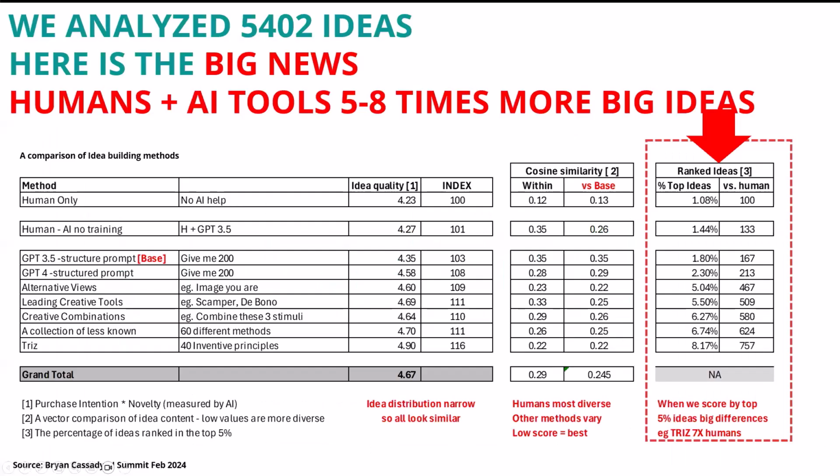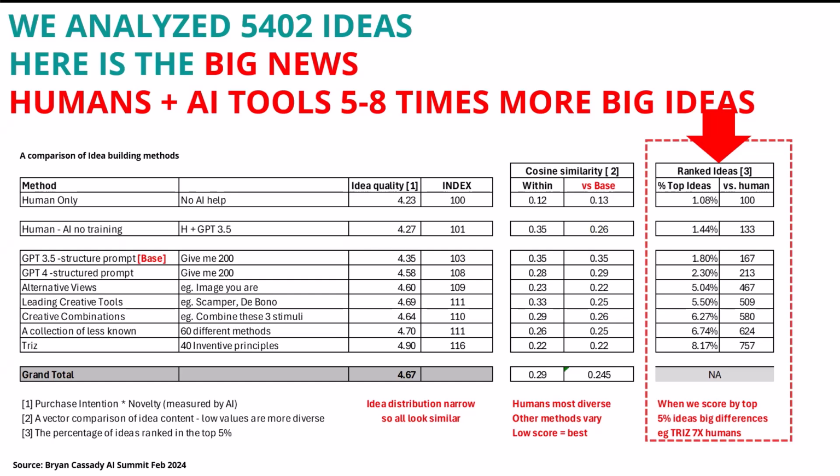Now, this whole research takes me about 20 minutes to present, but I'm just going to present you the top line. And they're on the far right-hand side here. We're looking at the number of top ideas that come from humans. It's about 1 in 100. Humans working with AI, we get 1.5.